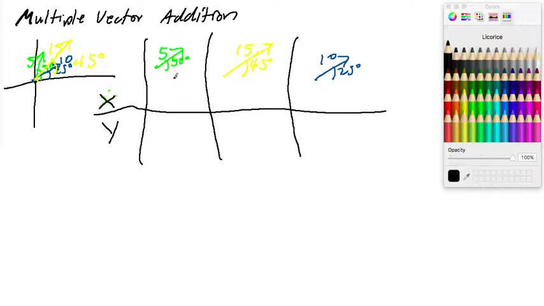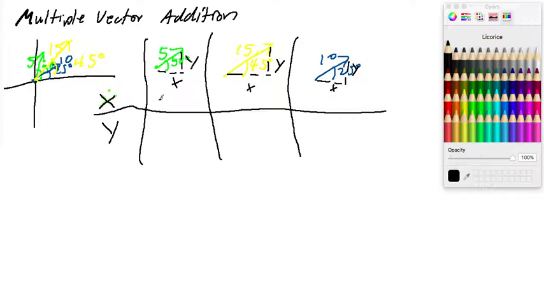As we had said, we can break each vector and treat it as a triangle. So now this will be the y and x for all of them.